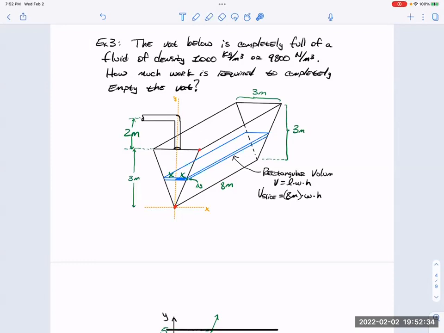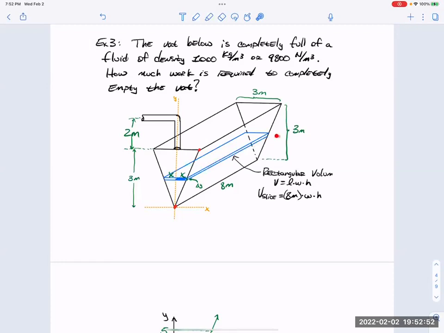All right. So with that said, here's what we're going to do. If you take a slice of this tank, if you just sliced it at one place, an arbitrary slice, you get a rectangular solid.